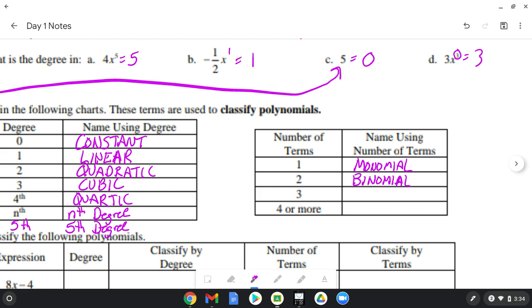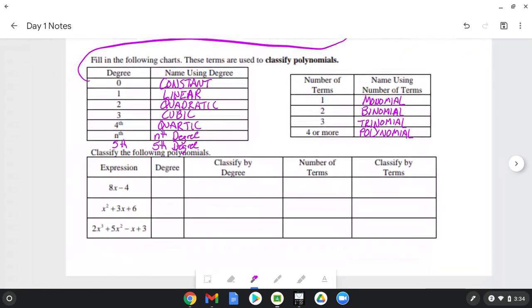And then for 3, that's trinomial, because tri means 3. Hopefully you've learned that by now, and if you haven't, you're going to soon. Then anything after a 3, we just say poly, because that means more than 1. So polynomial would be our name for anything that's more than 3 terms.